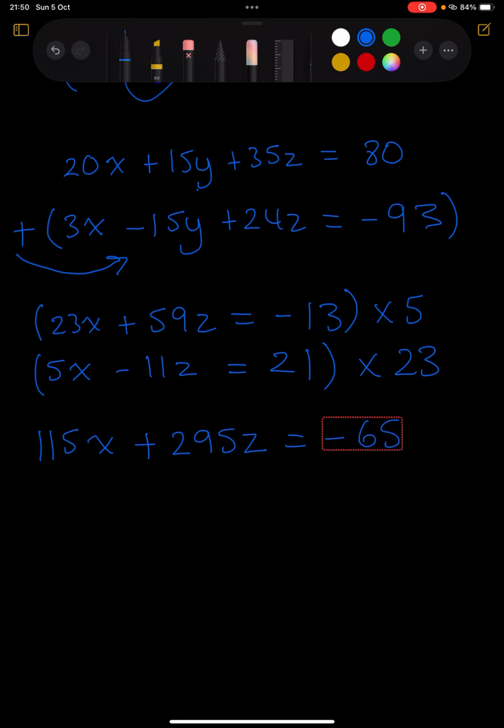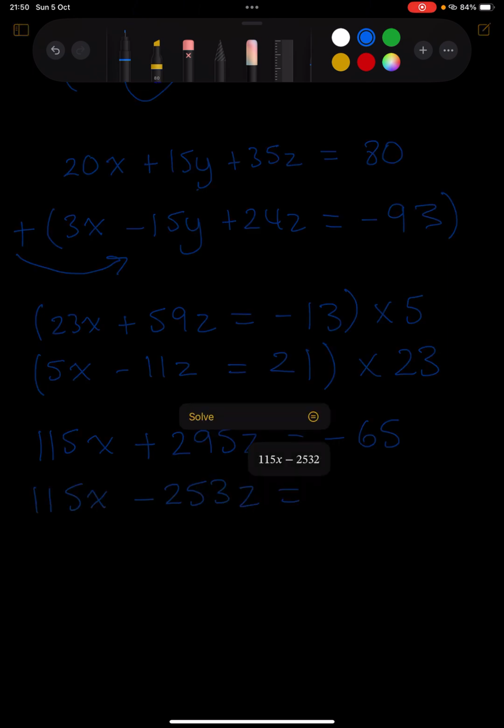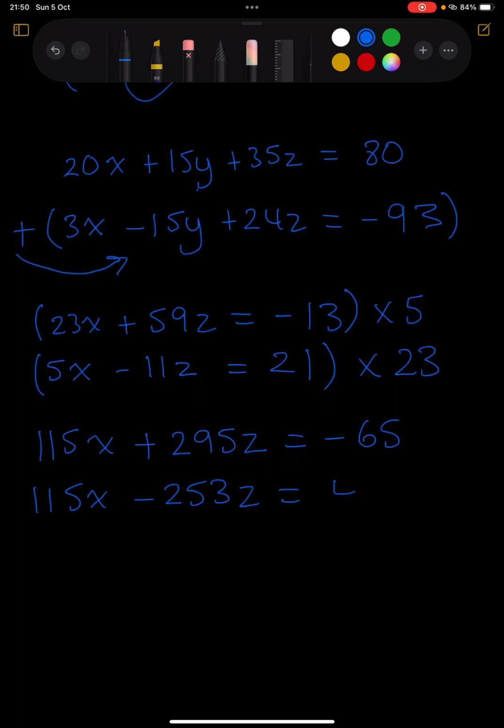Now the bottom one, so we're going to do 5x times 23 gives me 115x, which is obviously what I'm going to use to get rid of it. 11z times 23 is going to give me minus 253. The minus is coming from the minus 11, obviously. And then we have 21 times 23, which gives me 483. Okay.